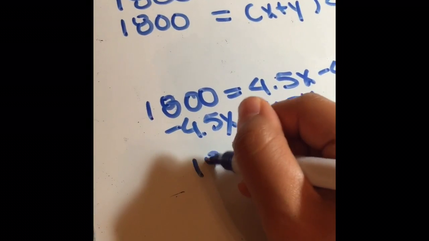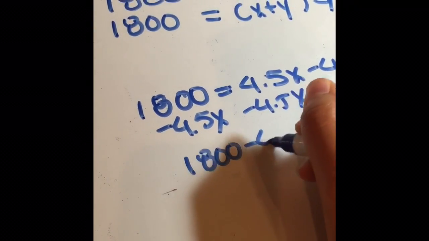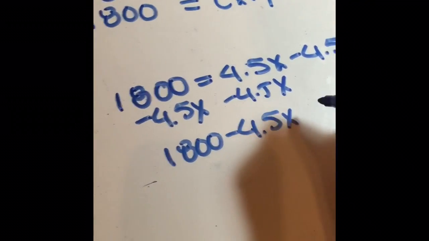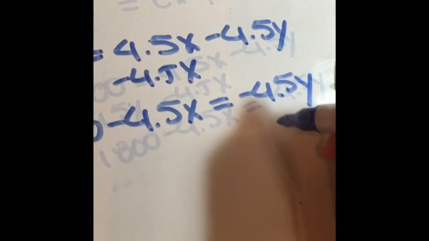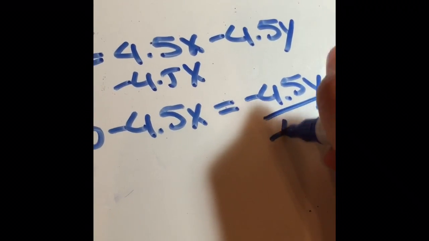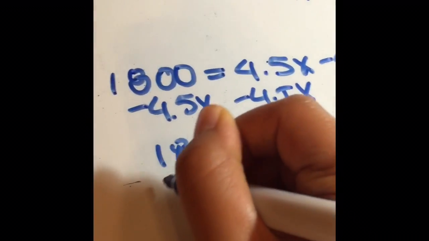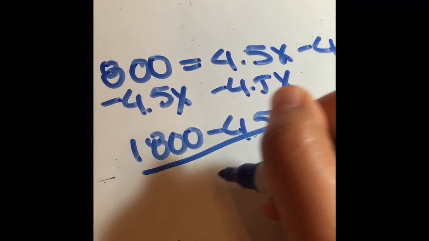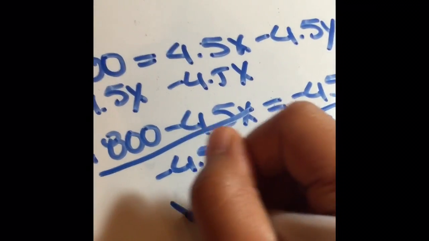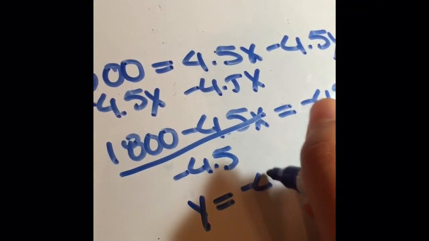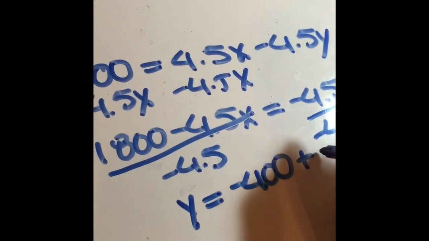So we get 1800 minus 4.5x equals negative 4.5y. Now we divide both sides of the equation by negative 4.5. Then we get y equals negative 400 plus x.